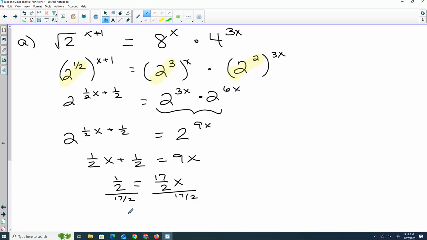Divide by our 17/2. And we get 1/17. So our strategy was common base, but you had to have it just once on each side, so you had to do your work to combine things first. Is that one okay?